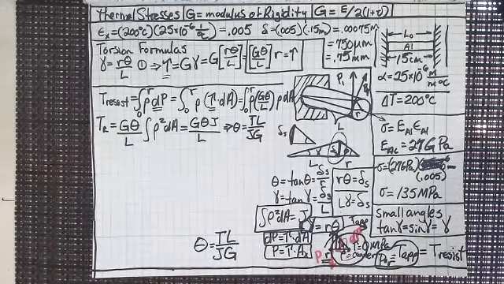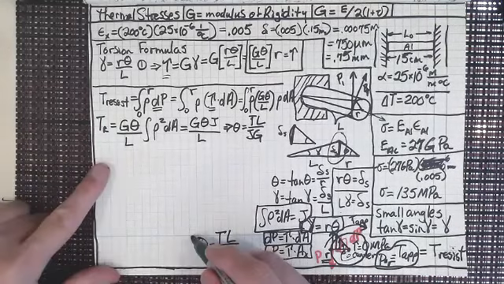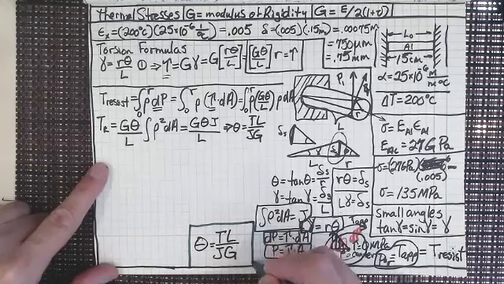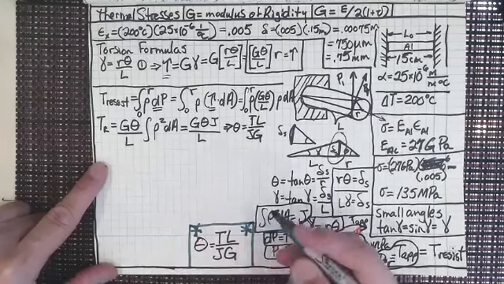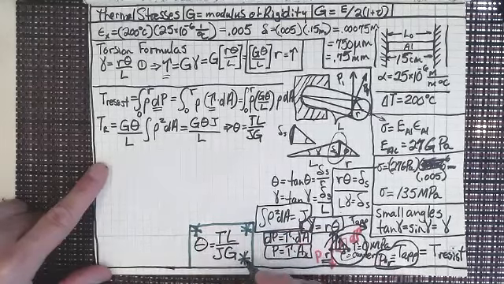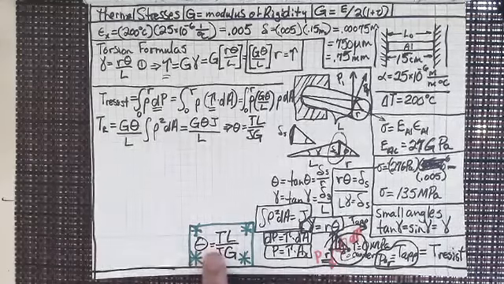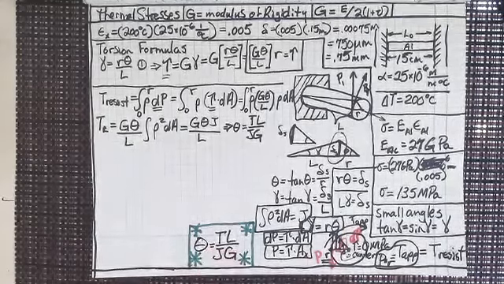And that is the first of two of our torsion equations. Big stars all around that. We are going to use that quite a bit when we think about torsion, figure out what the angle of inclination is and all of that. So that's one of our torsion equations.